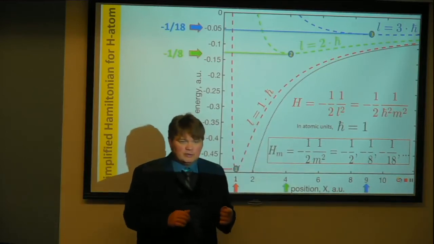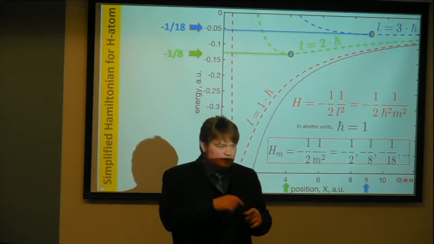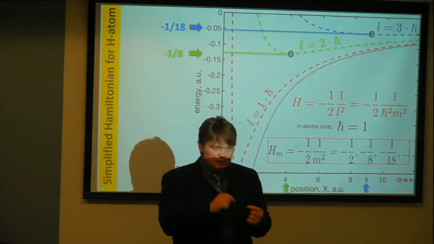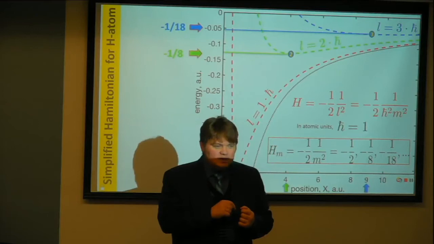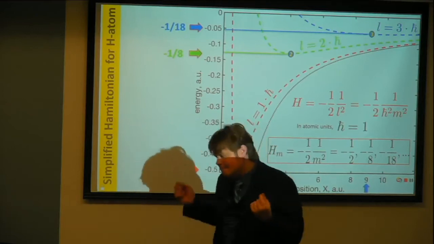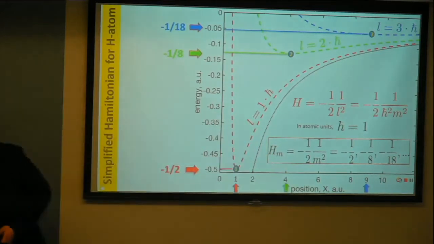So suppose that we forget about rotation and just look at how it is attracted or repelled. What is the interaction between electron and nucleus? Do they feel each other or do they not care about each other?